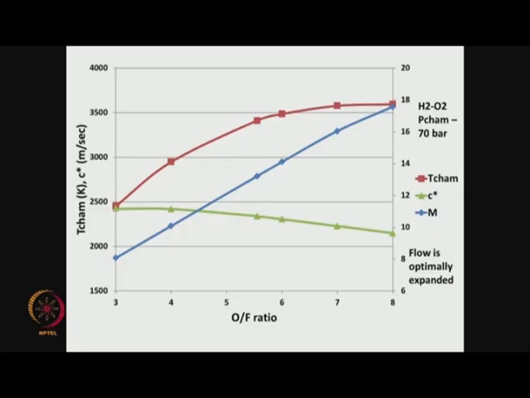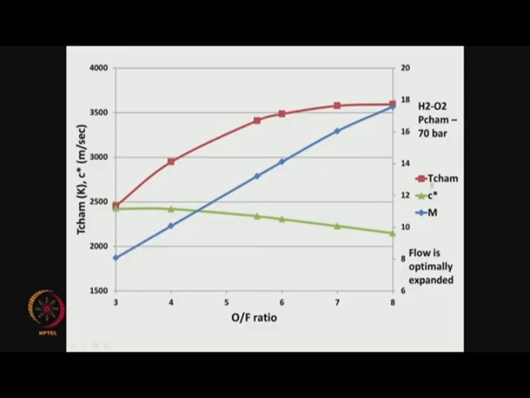Now, to understand why we choose an O by F of around 5.55 for the hydrogen oxygen system, we have plotted here chamber temperature, C star and molecular weight. Molecular weight is in blue, that is this line.